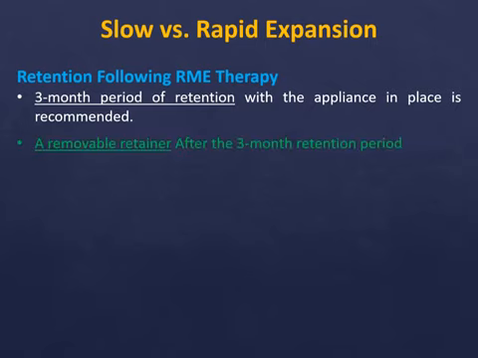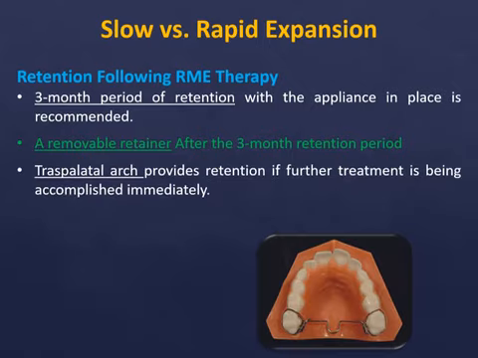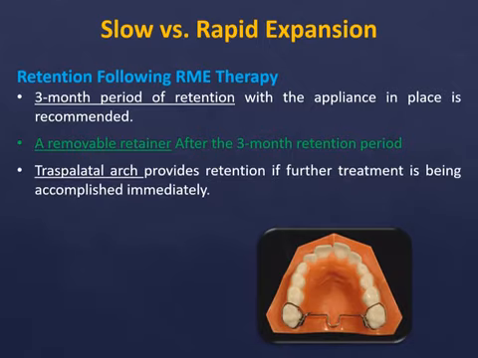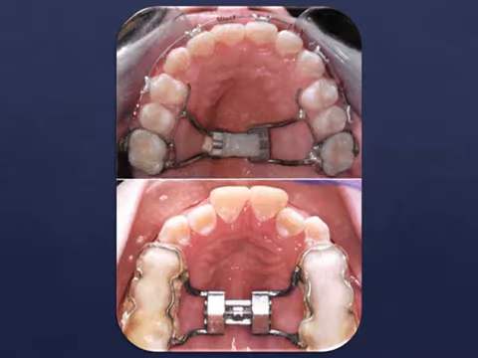After that, we can use a removable retainer that covers the palate, or if the treatment continues with fixed appliance, we can use a transpalatal arch to provide retention during this treatment. After achieving the desired expansion, we can use composite to cover the screw in order to avoid any accidental expansion during the retention period.